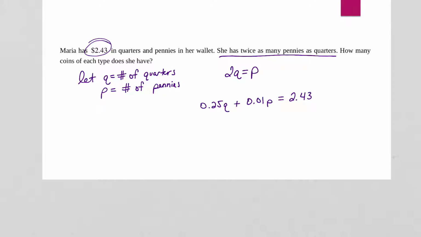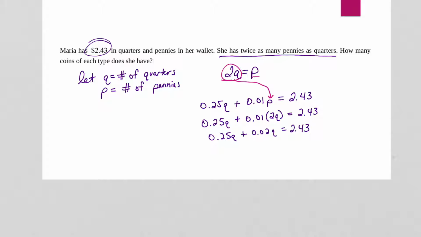But look what I have. I have that my P is equal to this business. So that means in the place of P, I can put 2Q. So now my new equation becomes, now I want to simplify this. And I want to add my like terms together.